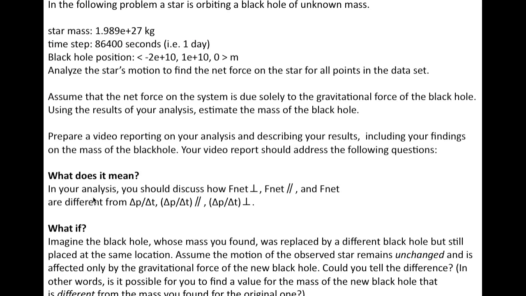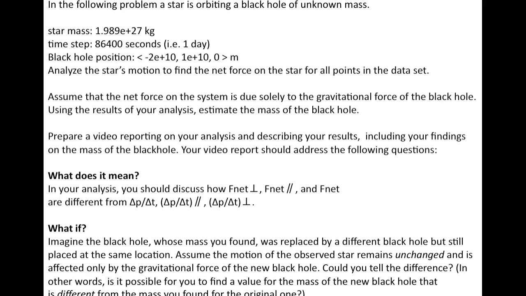In your analysis, you should discuss how Fnet perpendicular and Fnet parallel are different from delta P over delta T parallel and delta P over delta T perpendicular. Delta P over delta T is the observation of the motion, where Fnet is the actual force on the star.